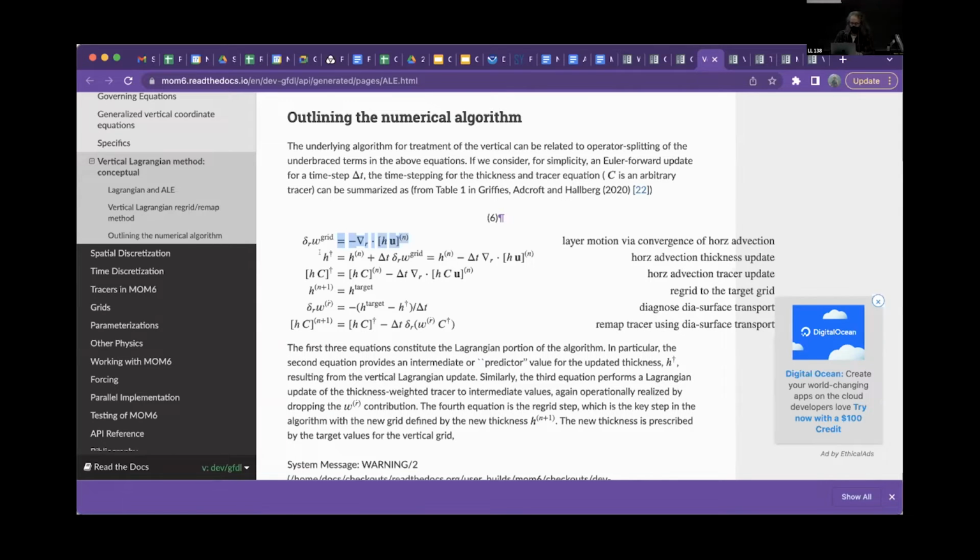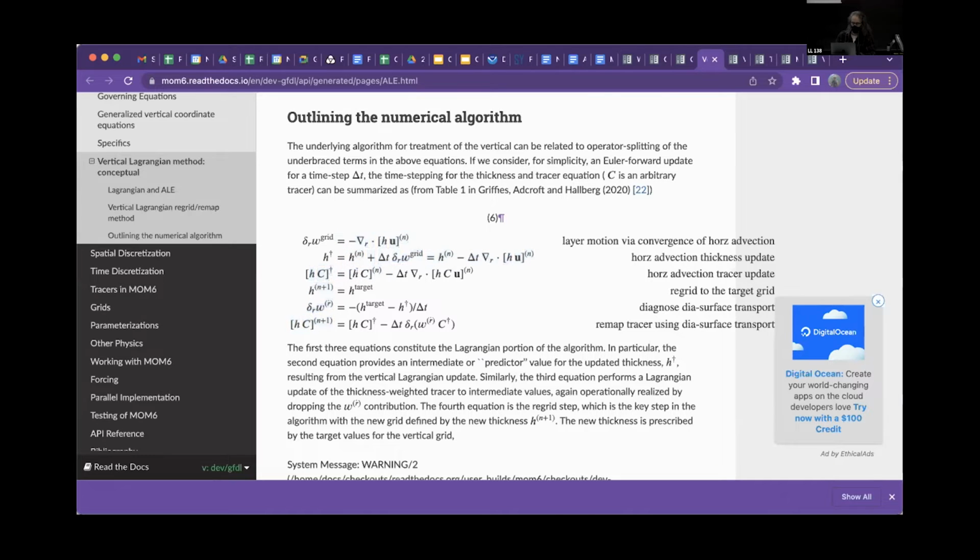The next step is to do a predictor step for the layer thickness, using that grid velocity that we calculated in the first step, okay? And then we use that predictor thickness to get a predictor of the thickness weighted tracer concentration.